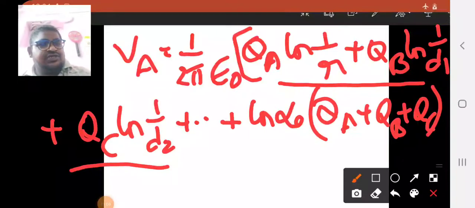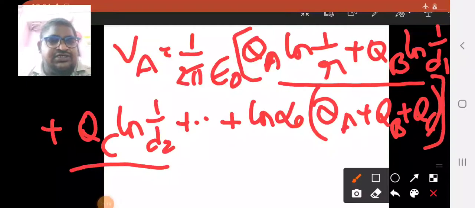If we assume the balanced condition, the net amount of charge is equal to 0, that is QA plus QB plus QC is equal to 0. When QA plus QB plus QC is equal to 0, then what is the expression?